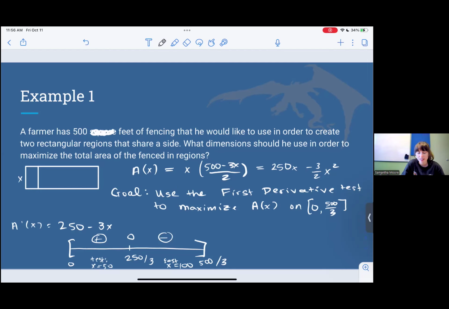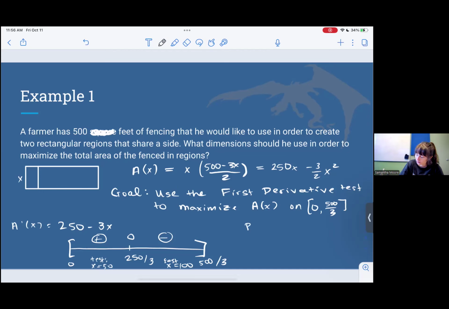Okay, so now we pause and think about what the first derivative test tells us about these things. So we had F prime being positive before X equals 250 over 3, and then it becomes negative. And so the first derivative test tells us that this X value is going to be a relative maximum.